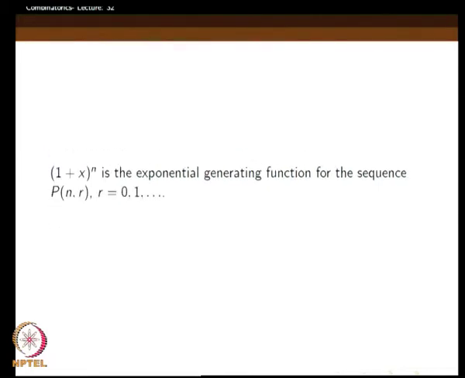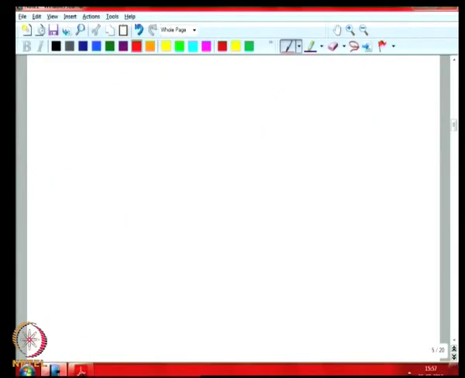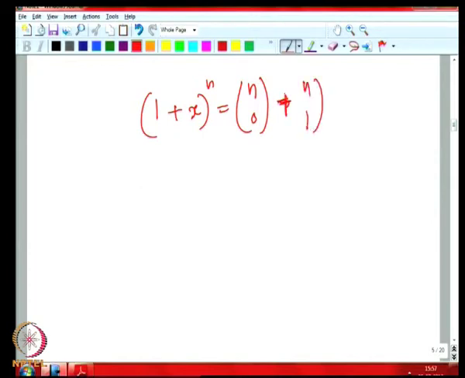Another example is, what about 1 plus x raised to n? 1 plus x raised to n is another familiar generating function for us. It is n choose 0 into x raised to 0 plus n choose 1 into x and so on.